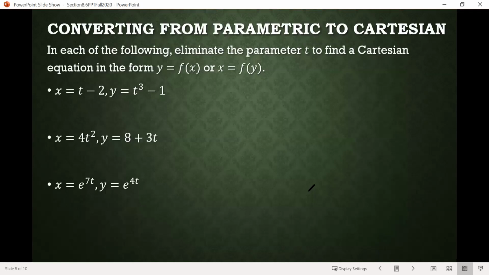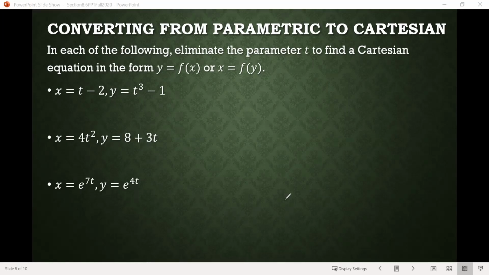Let's look at converting from parametric to Cartesian. We're asked here, in each of the following, to eliminate the parameter t to find a Cartesian equation in the form y equals f of x or x equals f of y.